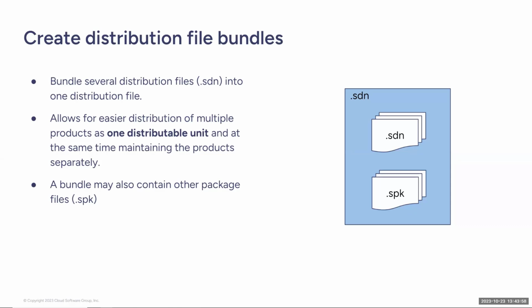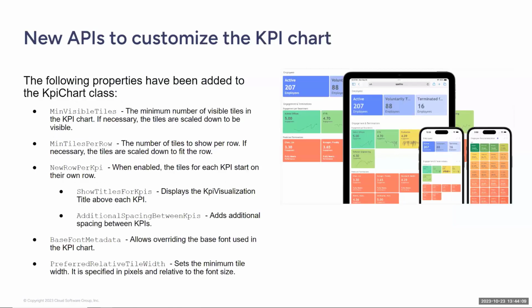And this allows for easier distribution of multiple products as one distributable unit, while letting you develop and maintain the products separately. And since we added new capabilities to the KPI chart, we also added APIs to configure these new capabilities. So we have feature parity with the API and what you can configure in the user interface.